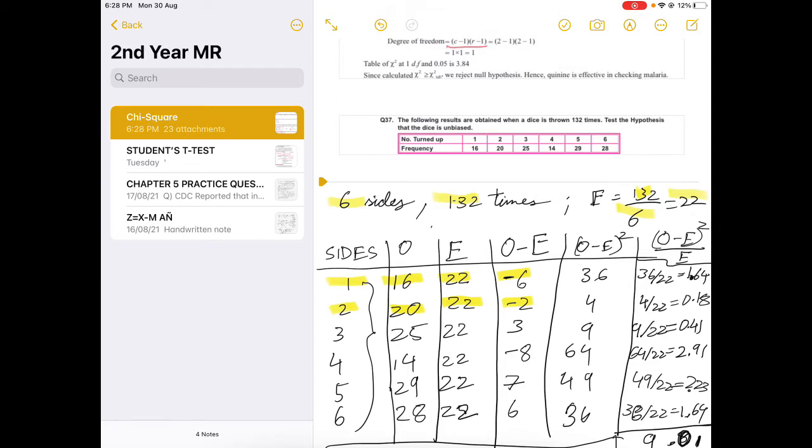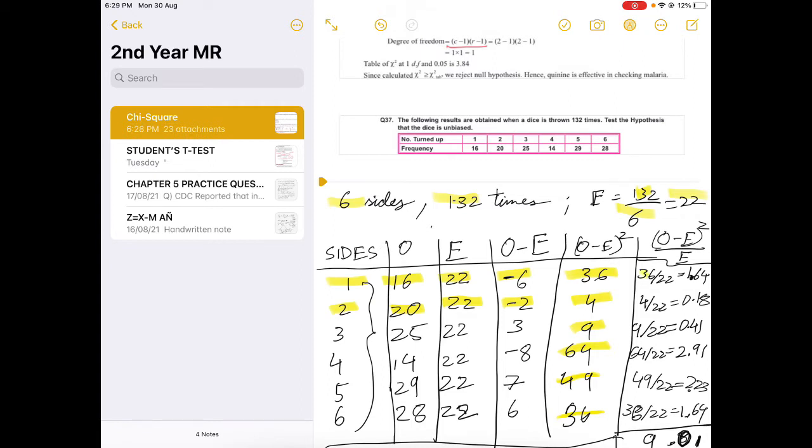Then we take the square of these values. So minus 6 squared is 36, minus 2 squared is 4, 3 squared is 9, minus 8 squared is 64, 7 squared is 49, and 6 squared is 36. Then we divide the observed minus expected whole square by the estimated value. The estimated value was 22, so we divide each of them by 22.